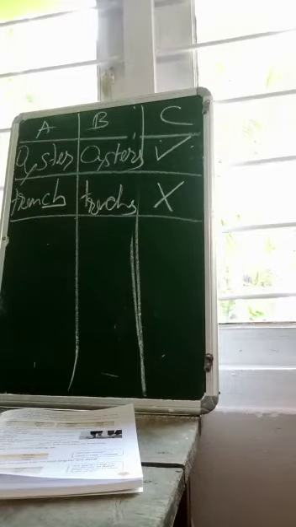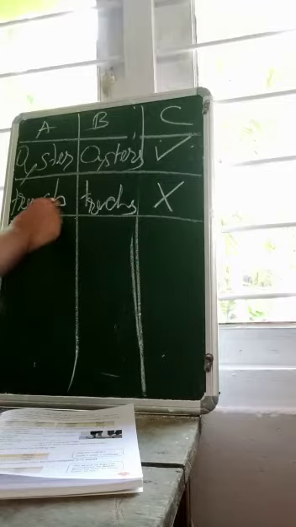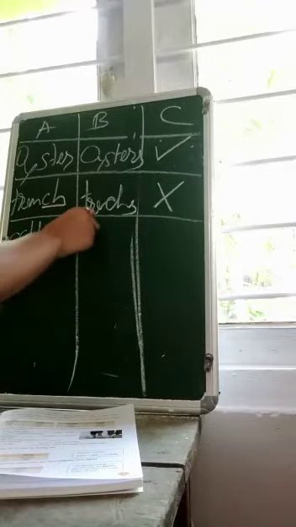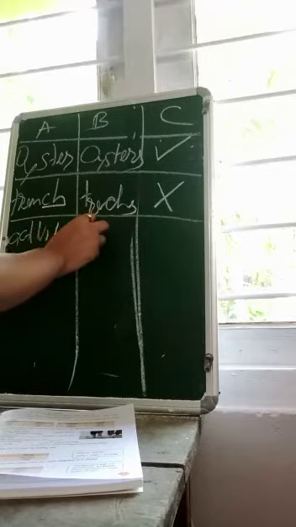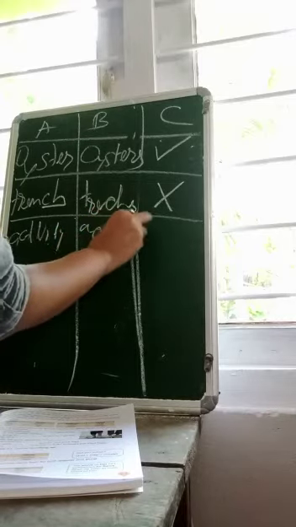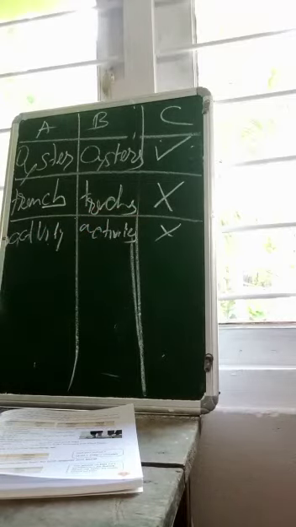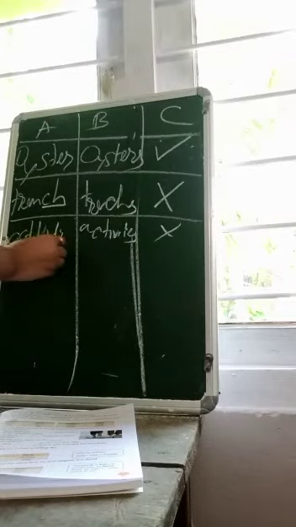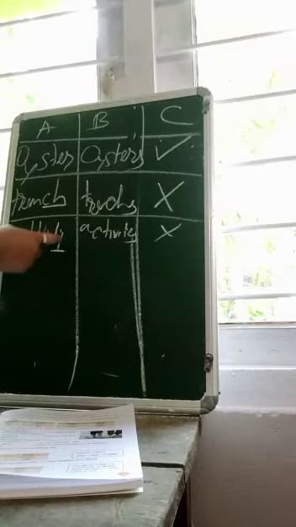Alright, after that we have activity. Now this one is wrong. Why? Because the last letter is y here, right? And before y we don't have any vowel.